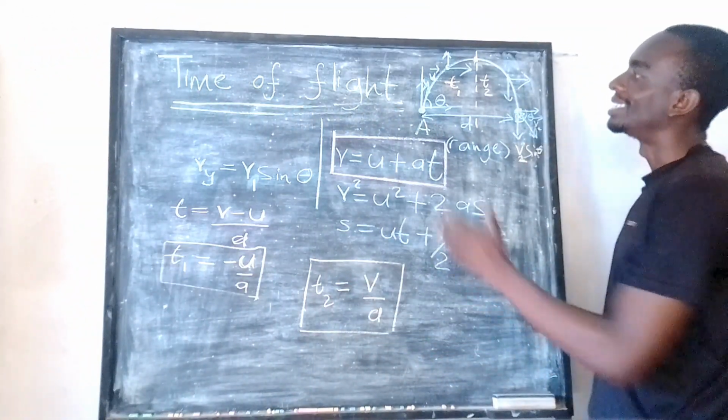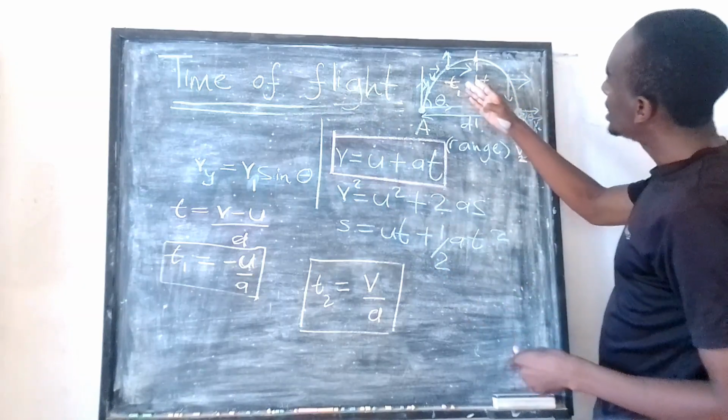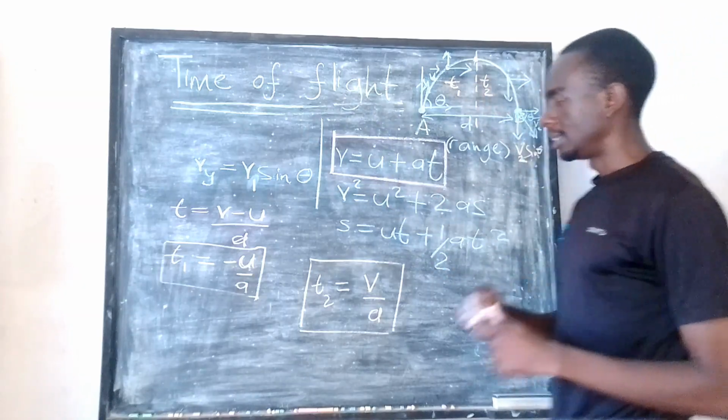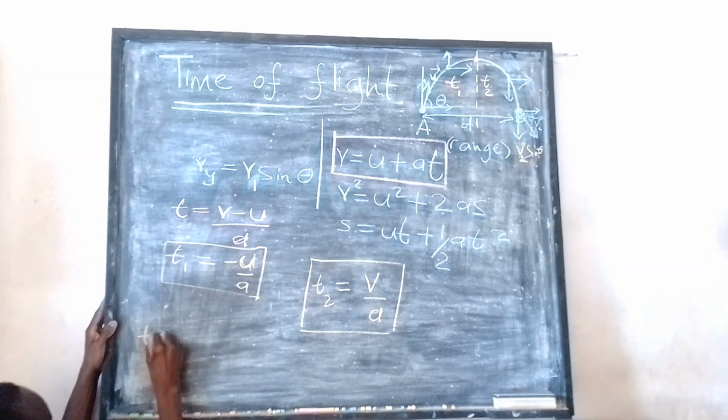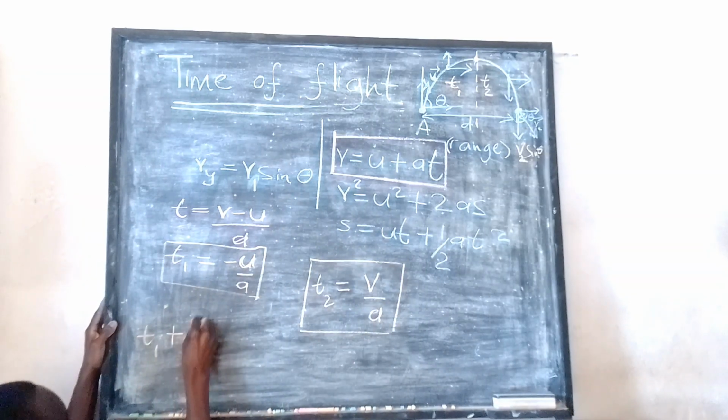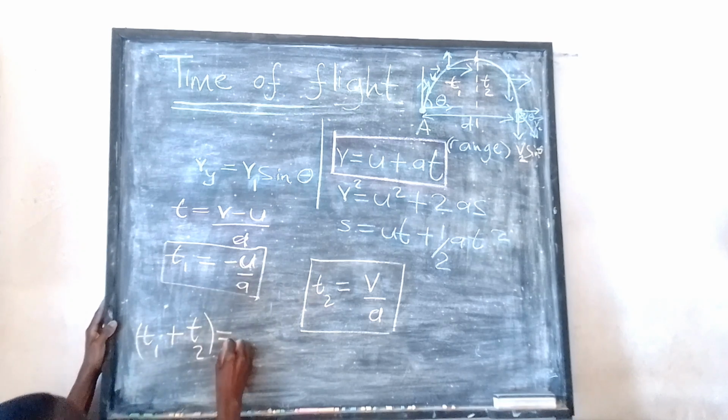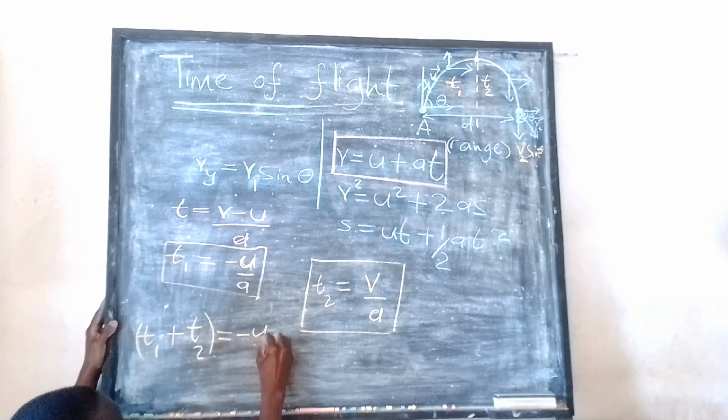How then do we get the time of flight? We say t1 plus t2. Let's do that. We get minus u over a plus v over a.